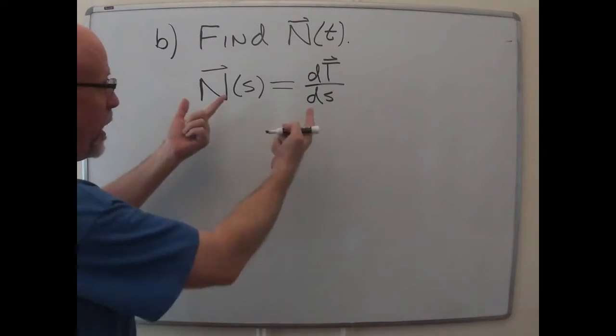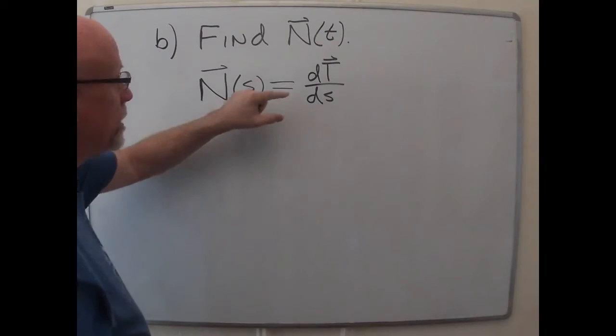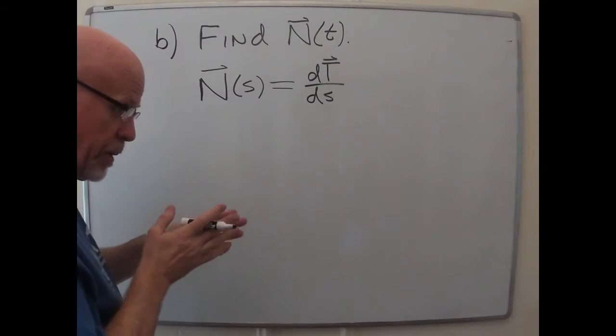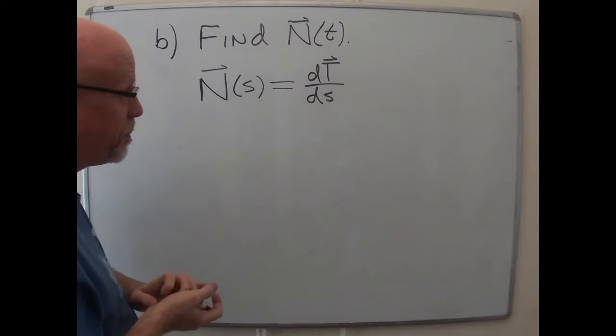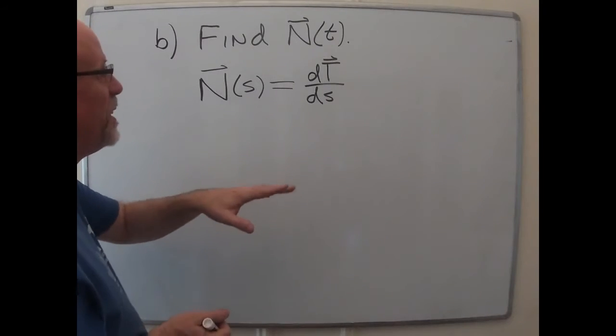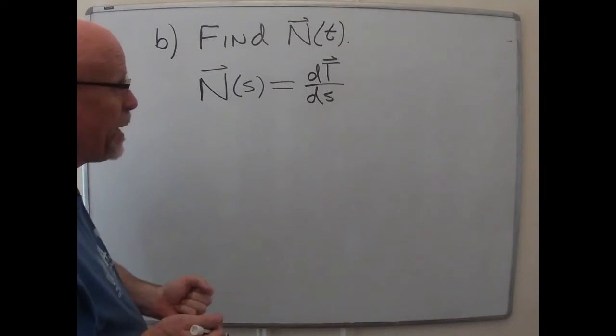But we don't really have an arc length parameterization, and it turns out that the derivatives dT/ds and dT/dt, evaluated at corresponding moments, those vectors are parallel.